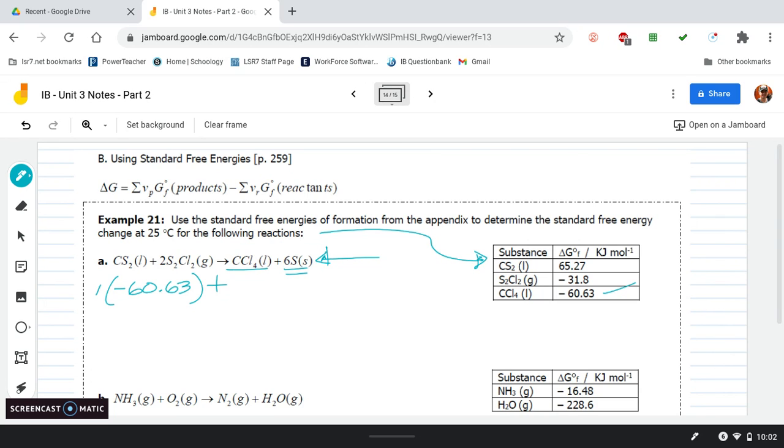If you don't see it in the chart, it's going to be 0. So if you're wondering why there's no sulfur, that's because it's going to be a 0. So there's your products, and we can put a bracket around that.